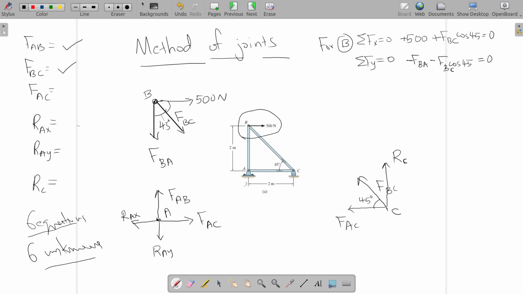So if the calculated value is positive, we will say our assumption is correct, meaning you have a tensile force in BC.